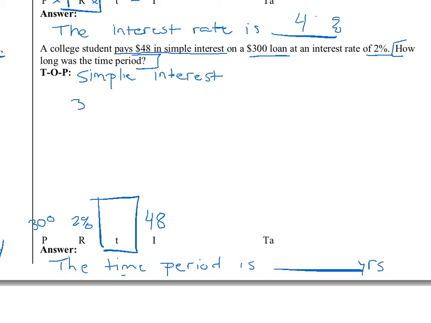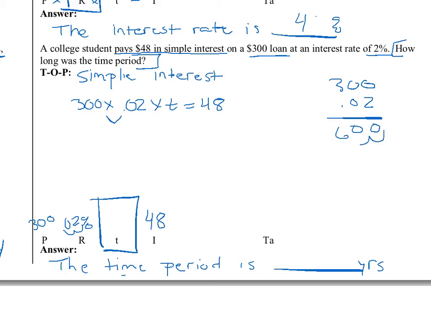So we're going to set up our equation: 300 times 0.02 times time is equal to 48. Now all I need to do is solve the equation. I'm going to simplify this first. 300 times 0.02 gives me 6 times t is equal to 48.